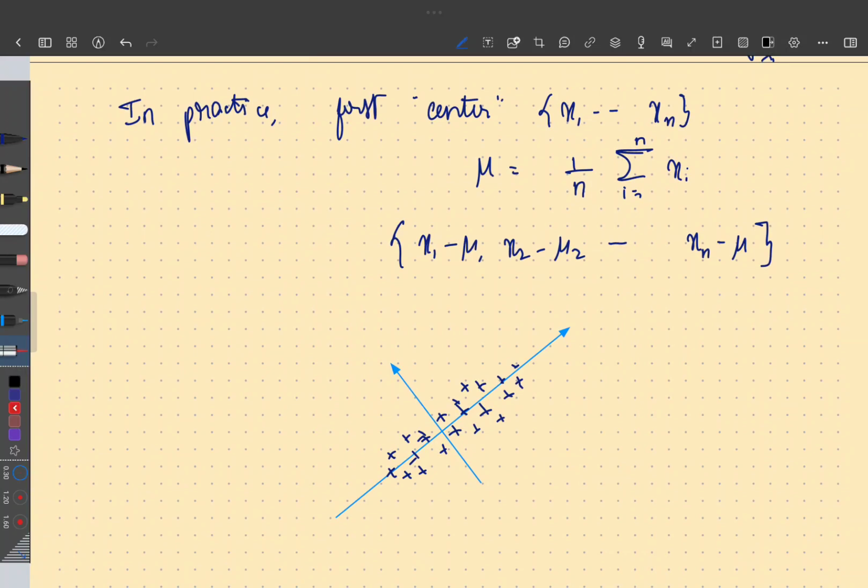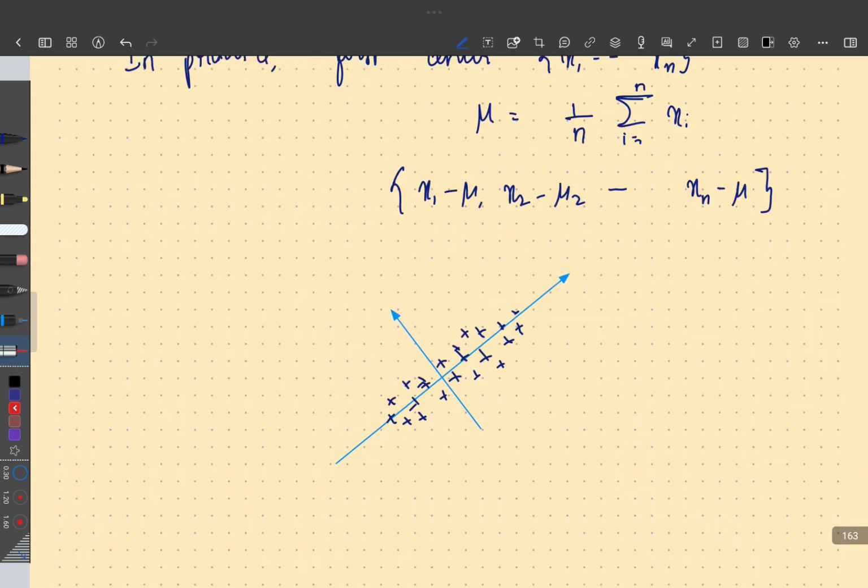Now you can do this for standard PCA, but it doesn't work for kernel PCA anymore, because after all, you're taking the means in the feature space, which is not possible anymore.